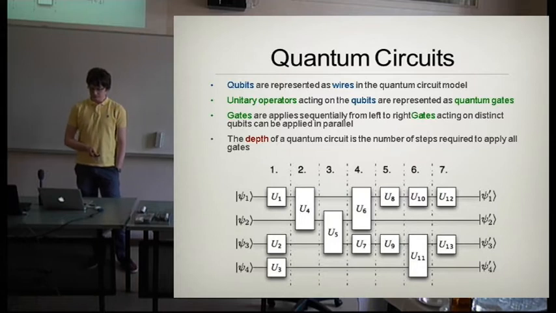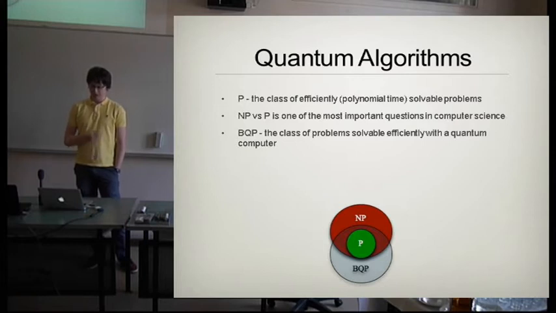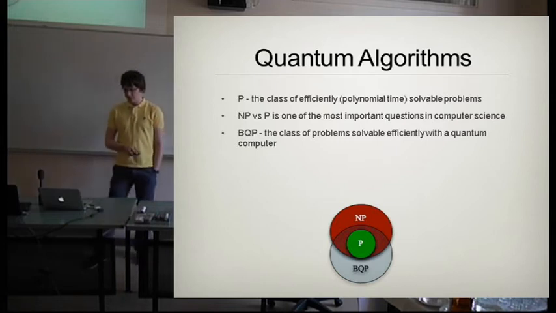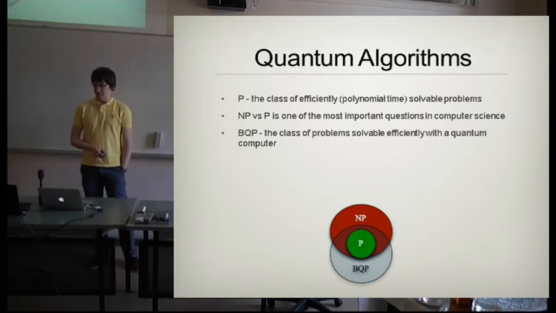Now, very shortly about quantum algorithms. There is the class P of classical algorithms efficiently solvable, and the class of algorithms we do not know how to efficiently solve, NP. And the quantum analog to P is BQP, which is the class of algorithms that you can solve efficiently given a quantum computer.